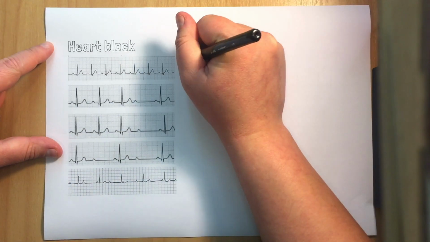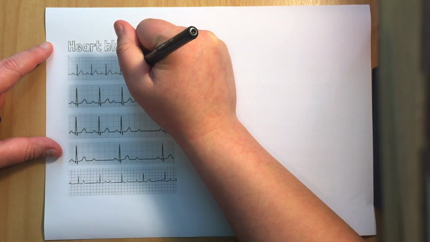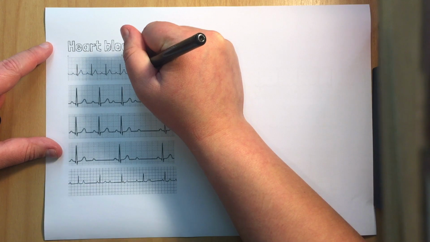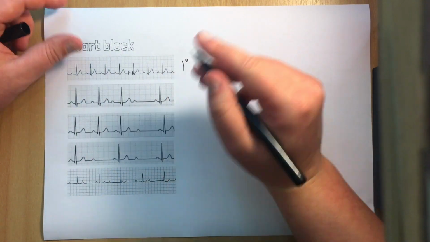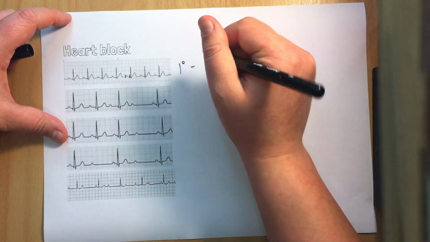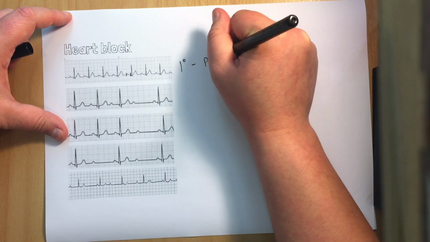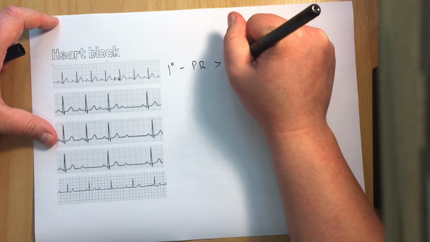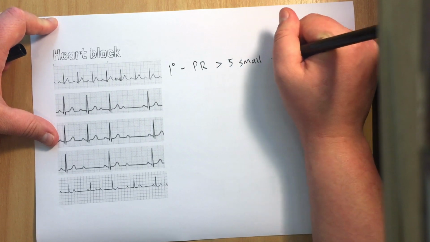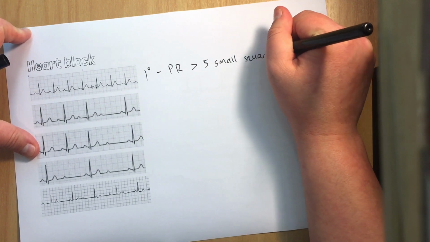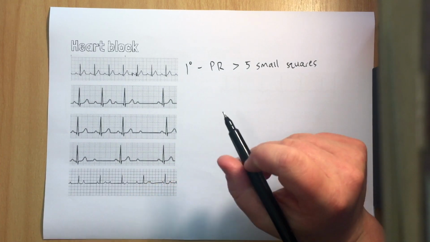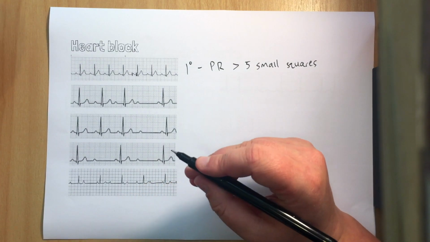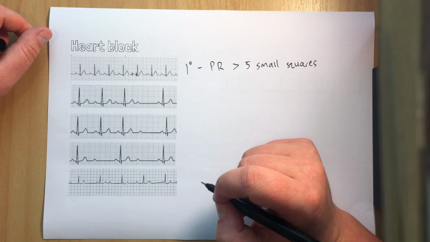So first degree heart block is just where there is a longer than normal PR interval. So there is PR greater than 5 small squares as first degree heart block. And so the PR interval should be 3 to 5 small squares.